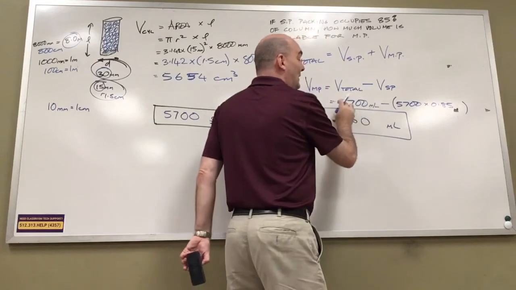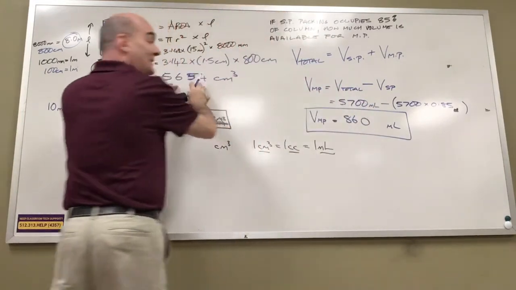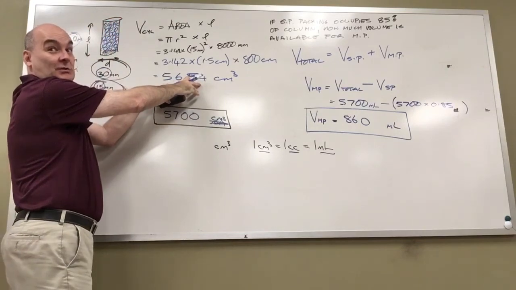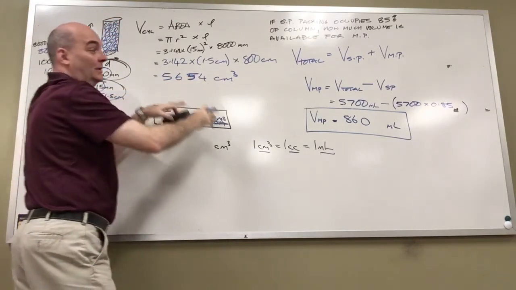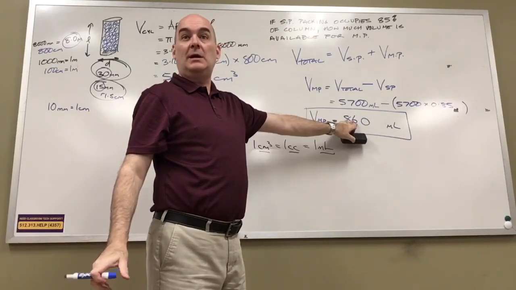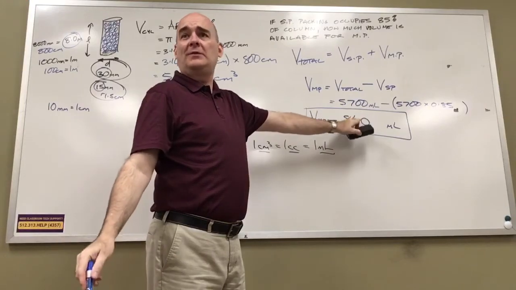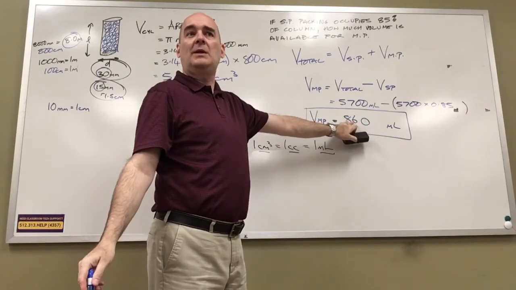Instead of rounding that number up, 5700, you could go back to this and use those numbers. It might give you a tiny bit better answer, because you don't round in the middle of a calculation, round at the end.